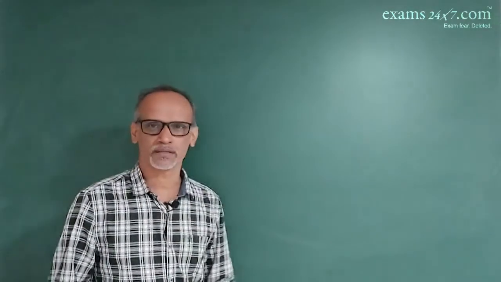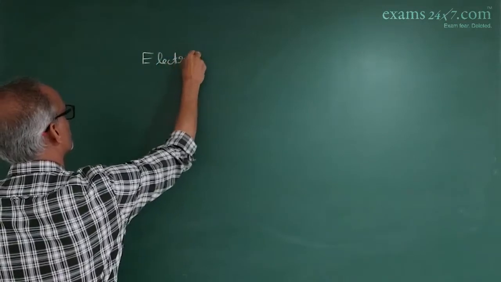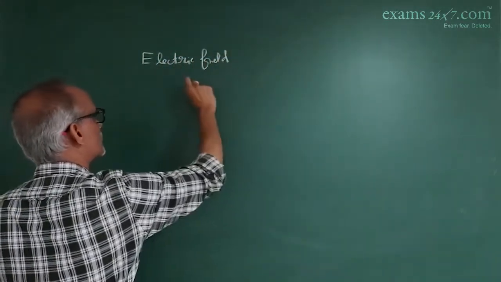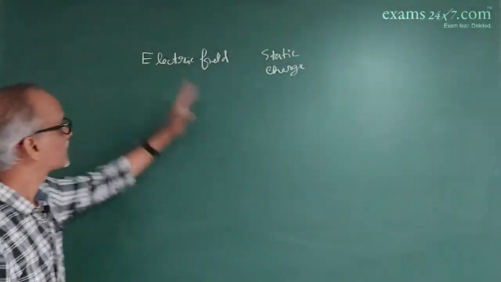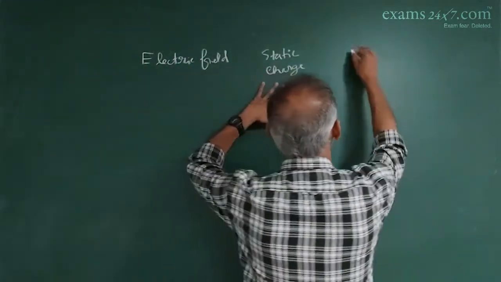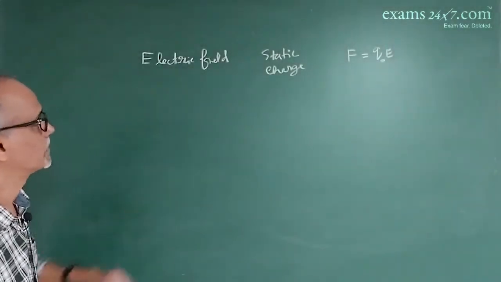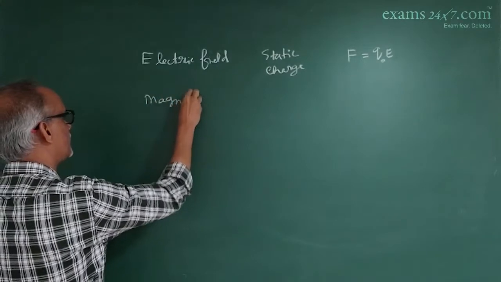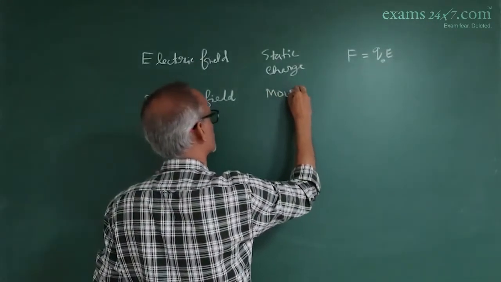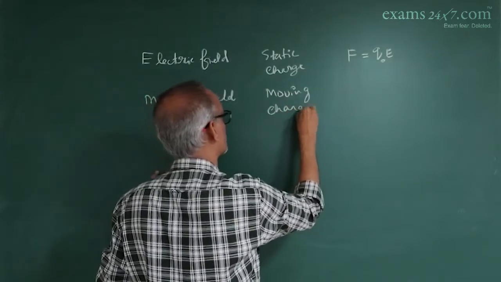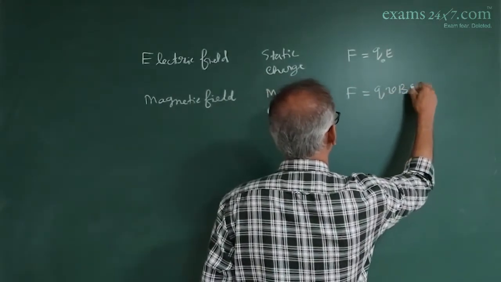In electrostatics, we have learned that when there is an electric field, and in that electric field, if you place a static charge, it experiences a force, the electrostatic force, which is given by Q naught into E. Similarly, if there is a magnetic field, and in a magnetic field there is a moving charge, not a static charge, a moving charge, then it experiences a magnetic force which is given by F is equal to Q V B sine theta.